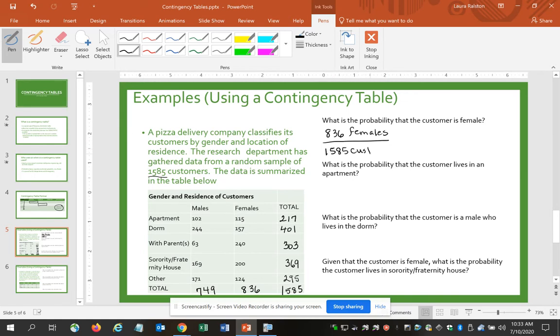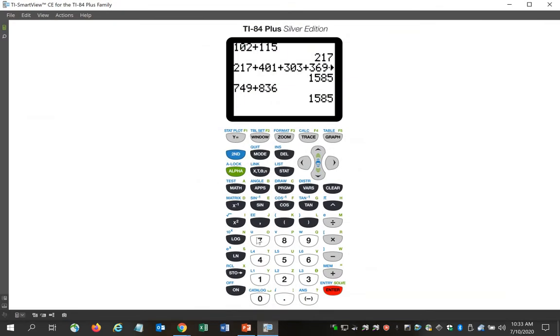1,585 customers. Now, it's okay to leave that as a fraction, but a lot of folks have difficulty interpreting fractions, so sometimes it's better to convert it to a decimal. So we do that. Again, it's a simple calculation. 836 divided by 1,585, and I get 0.5274.